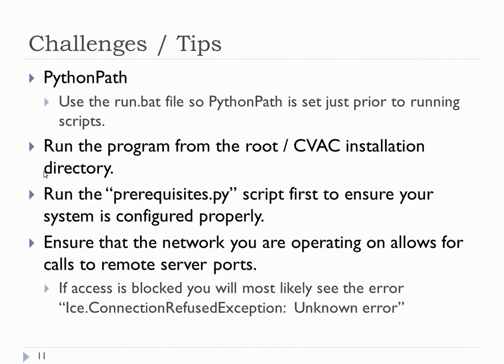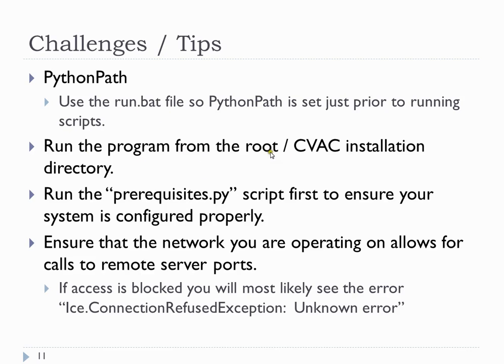Just a few things to wrap up here. Some of the challenges and tips that came up during the time that we were researching, designing and setting up this software. The run.bat file became crucial for running the scripts to make sure your Python path was set, an absolute requirement there.